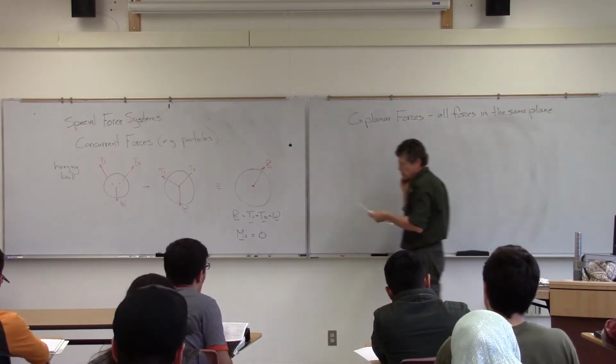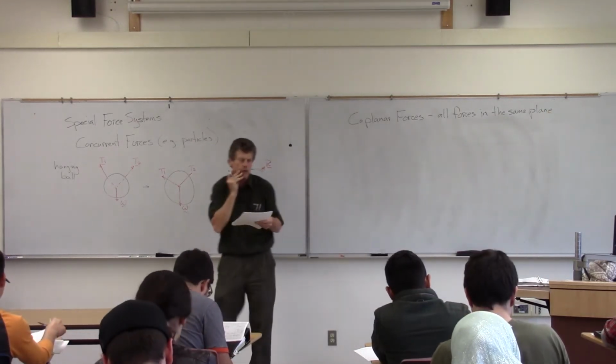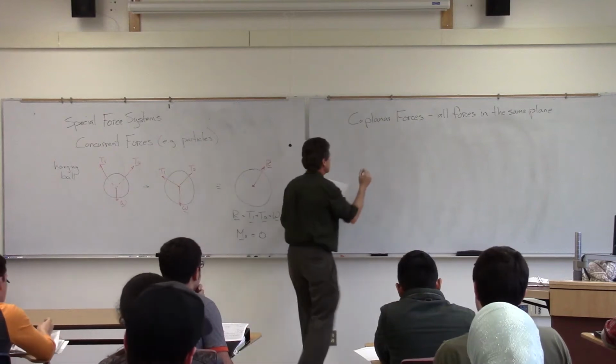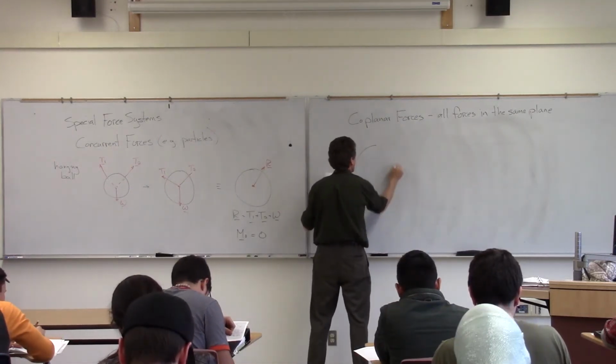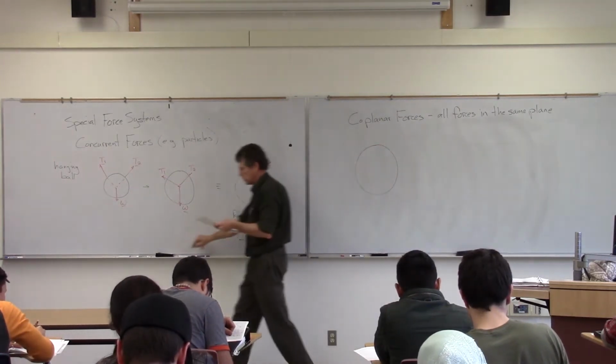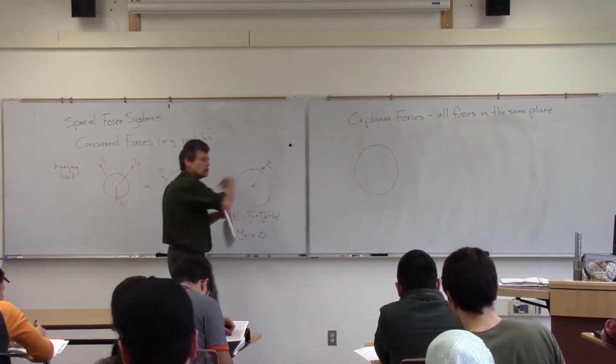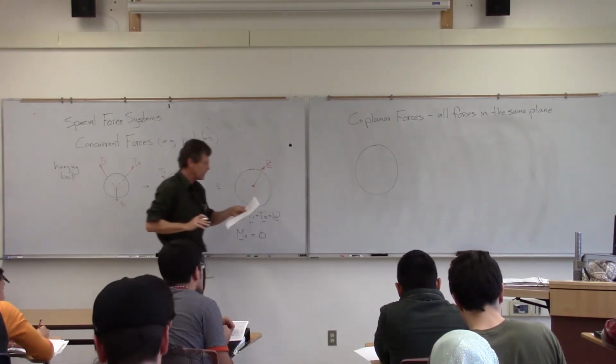Another set of forces are what we call coplanar forces, and we just talked a little bit about that, where all of the forces exist on a plane. Say, for example, the plane of this board here.